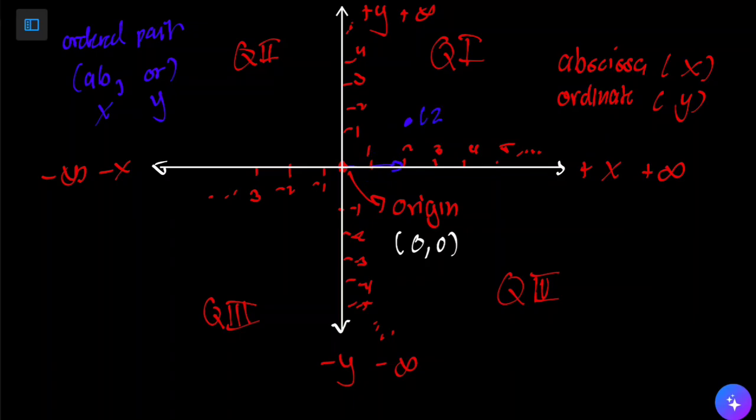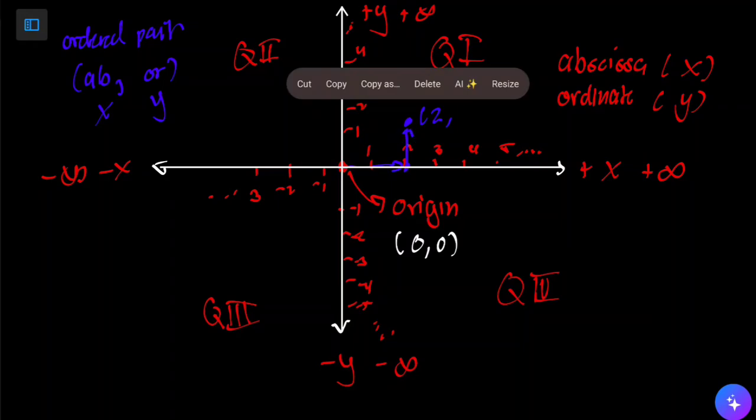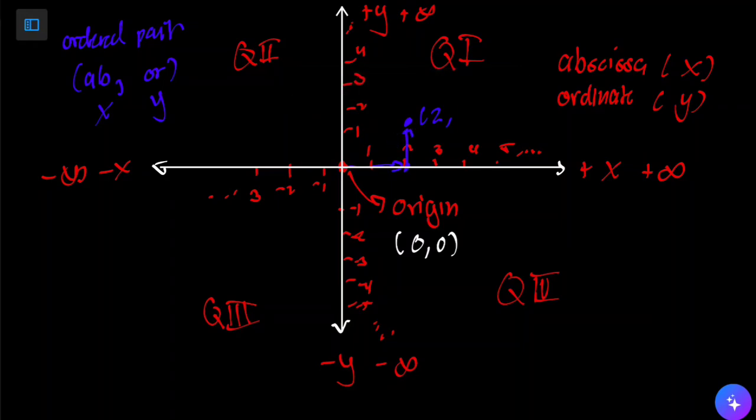And your ordinate is the distance from the x-axis. So here, and if you drag that, it is at 1. So this is now the location of your point. It's located at 2 and 1.